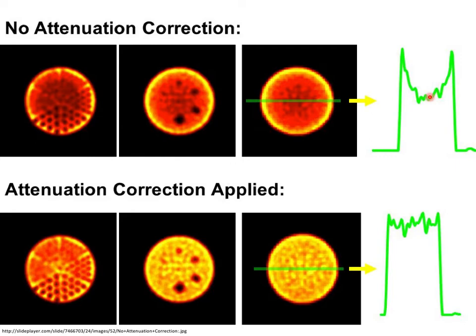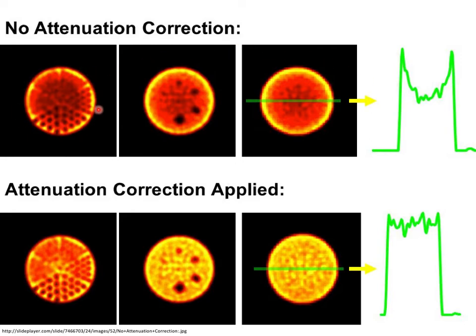If, on the other hand, you know what the object is, which is kind of a strange thing for an imaging problem. It's like, well, let's make an image of an object that we know what it looks like. But if we know what the object looks like in terms of, say, its CT values, then we can estimate how it's going to attenuate these gamma rays for different pathways out of the patient.